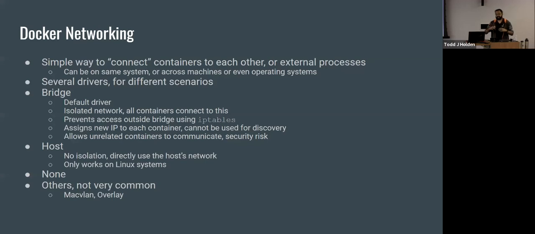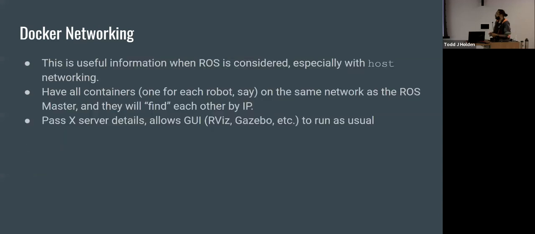You get access to the host network using the second mode, the host mode, where every container directly connects to your system's network. So IP addresses, everything is the same. The others, there are a couple of them, but not used commonly. So for the most part, day to day, you will use the bridge and the host mode. And they are all different given the circumstances.